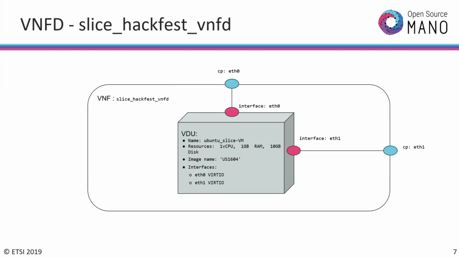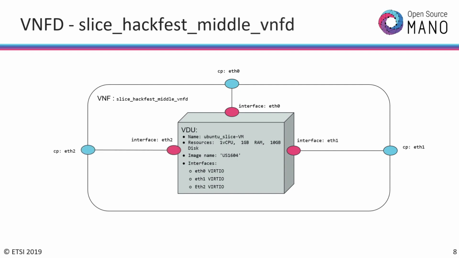Let's analyze the VNFD to be used by the Edge NSDs. This VNFD has one VNF with 2 network interfaces that are eth0 for management and eth1 for data. We will use the US 1604 image that is an Ubuntu 16, and we will give 1 virtual CPU, 1 GB of RAM, and 10 GB of disk.